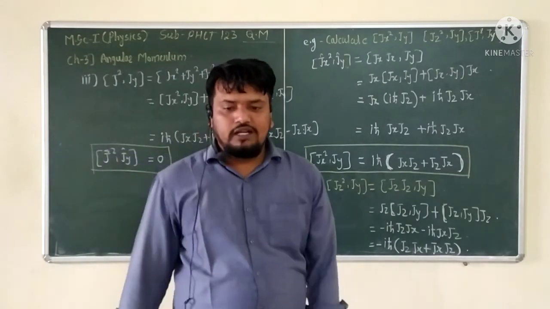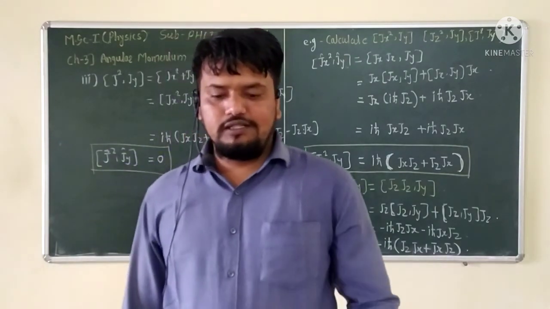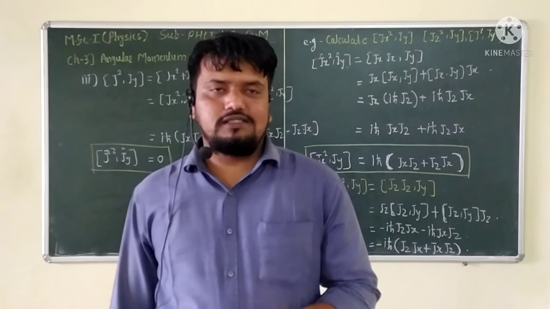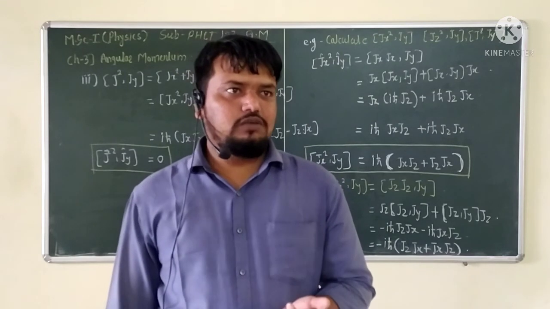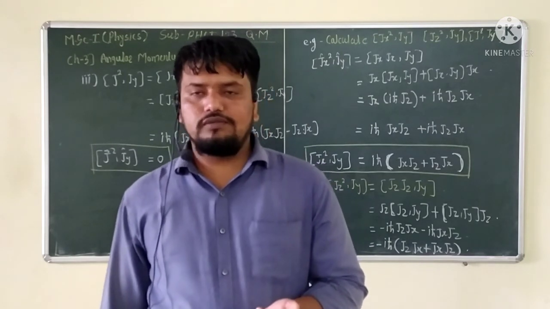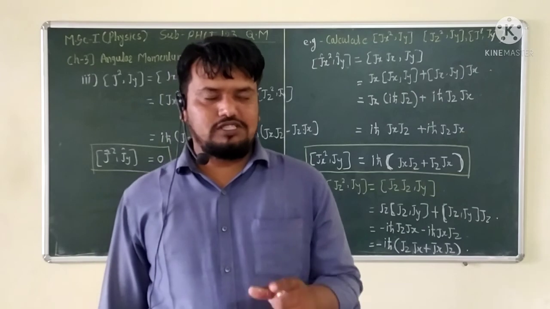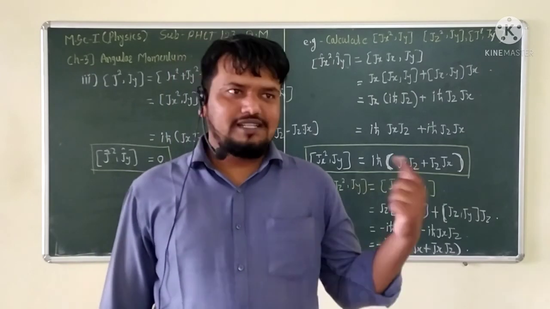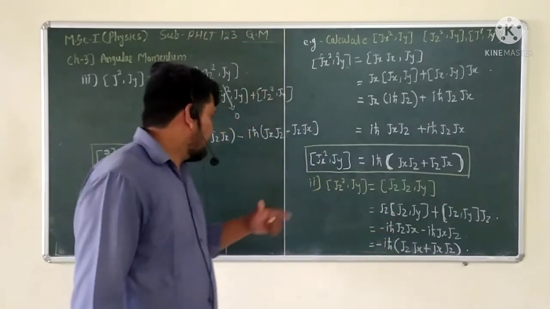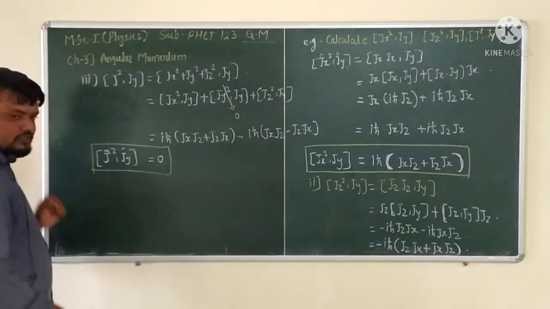We know that Jx² is 1/4 of J² plus J plus. This equation we already saw in the last lecture, just revising here.